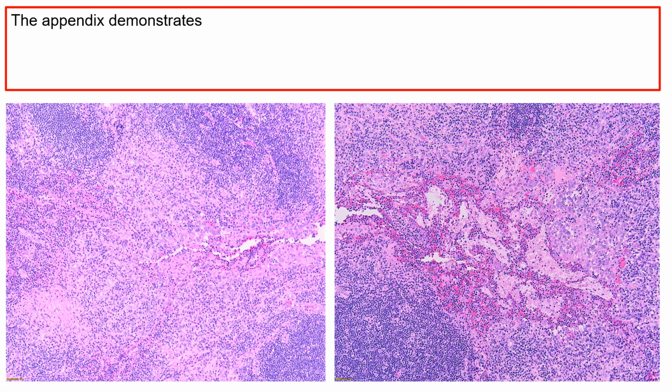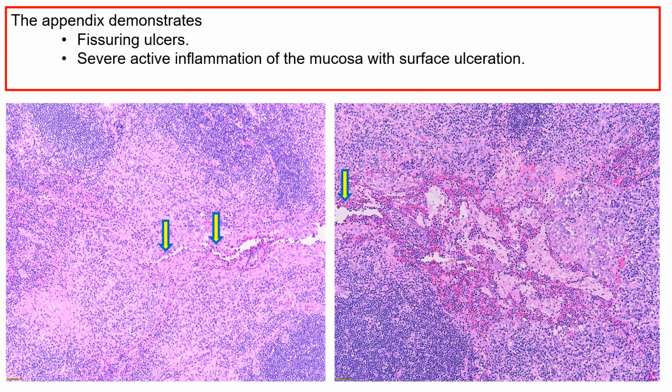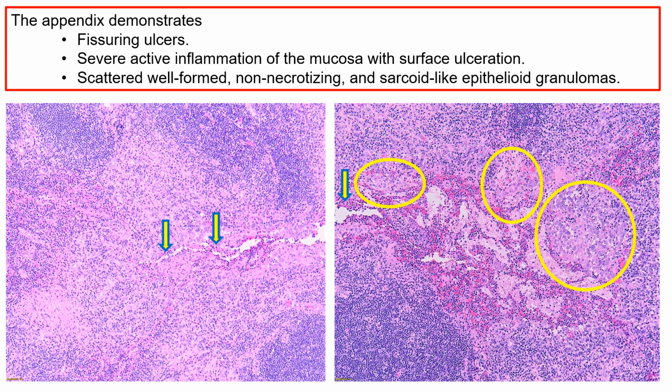The appendix demonstrates fissuring ulcers, severe active inflammation of the mucosa with surface ulceration, and scattered, well-formed, non-necrotizing, and sarcoid-like epithelioid granulomas.